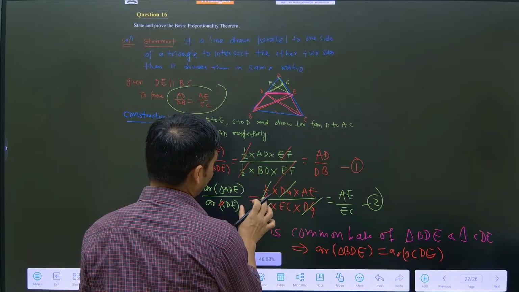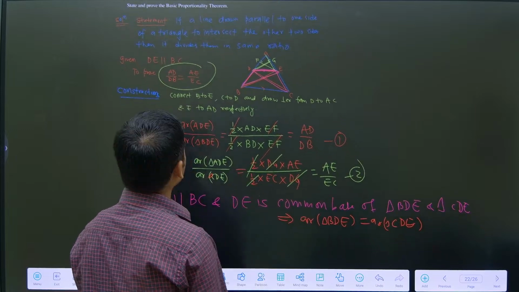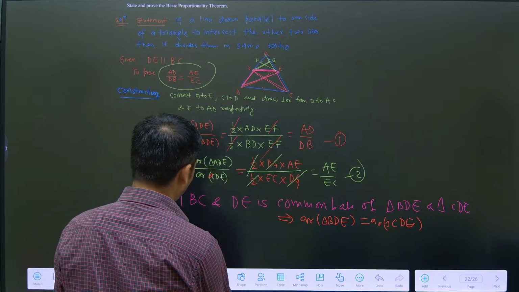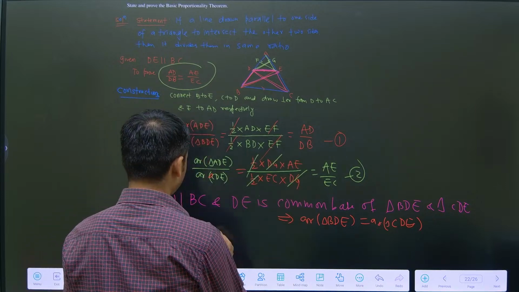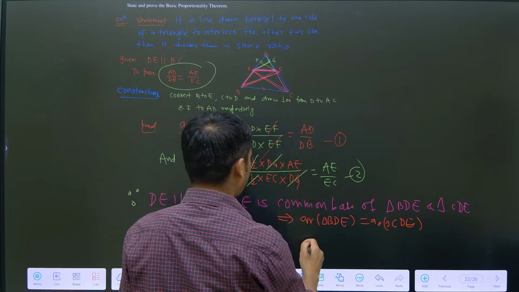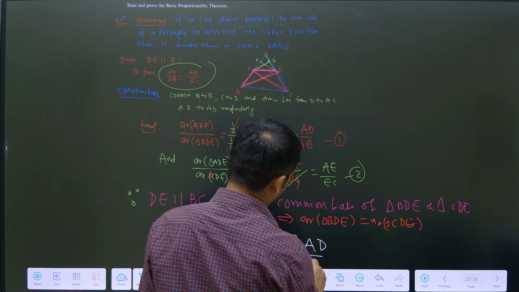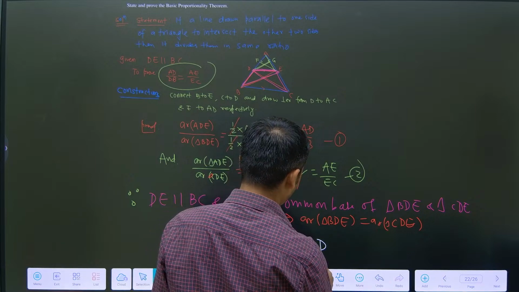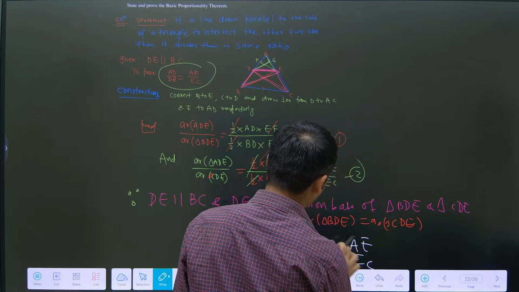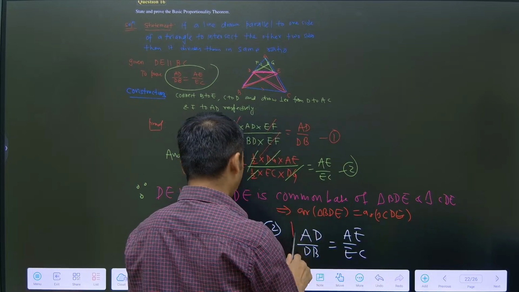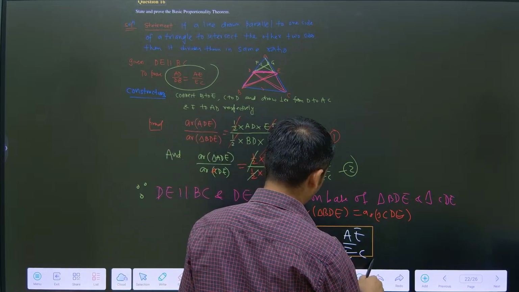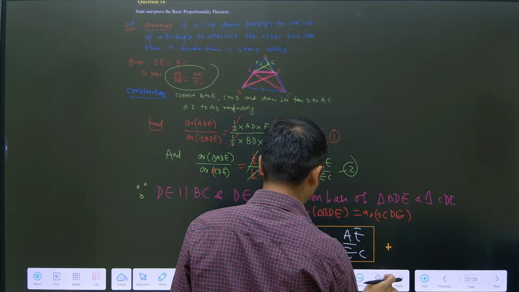And if that is the case, the left hand side of the first equation and the left hand side of the second equation are the same, right? So can we say that from 1 and 2 we are getting AD upon DB is equal to AE upon EC. And I think that's it. We can stop it here. It's a good place to close it. Hence proved.